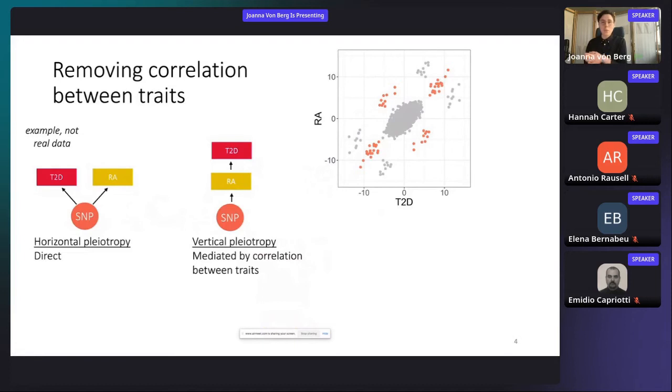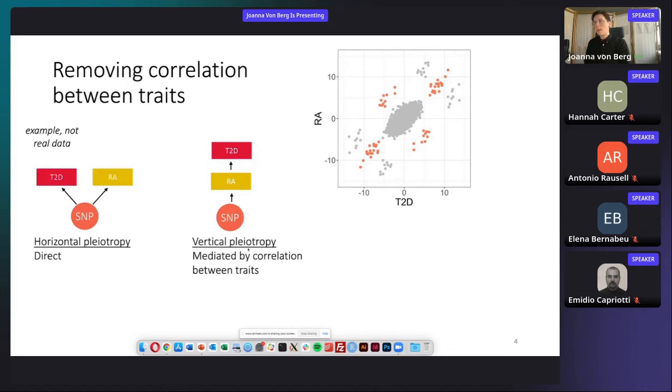But before we move on with the analysis, we first have to actually define what is pleiotropy and what kinds of pleiotropy can we observe. So the first type of pleiotropy is probably what we think of, is a SNP that has a direct effect on one trait and also a direct effect on another trait. This is called horizontal pleiotropy or direct unmediated pleiotropy, and this is the type of pleiotropy that we are actually interested in.